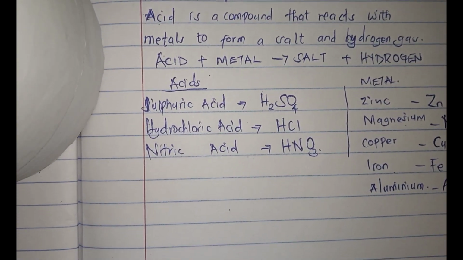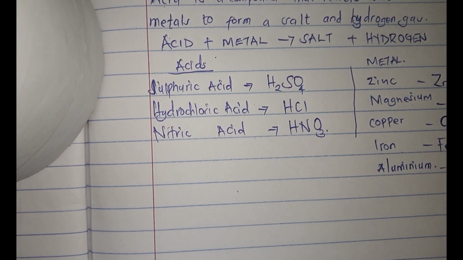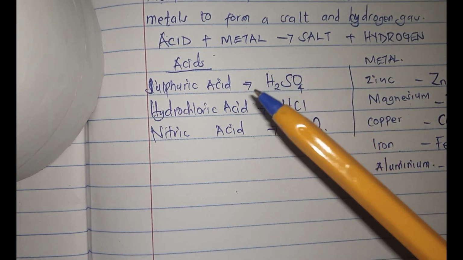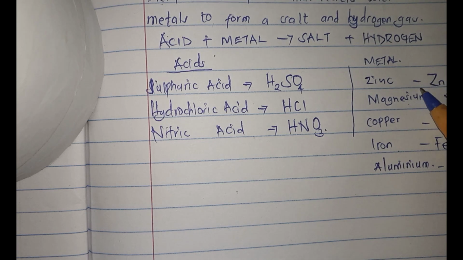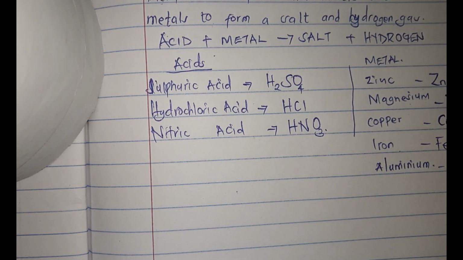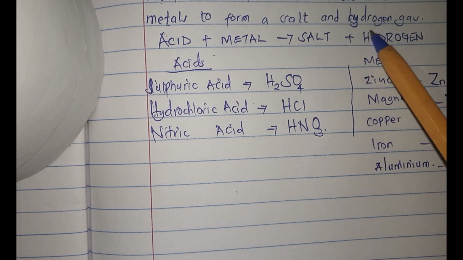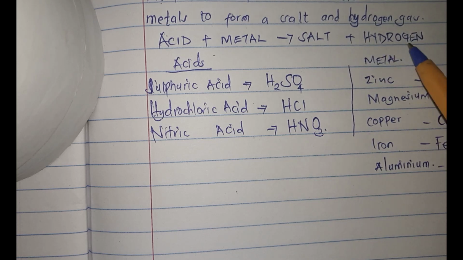So when we react dilute acids, when dilute acid is added to zinc or magnesium, or aluminium or iron filings, there is a bubble of a colorless gas that evolves. This colorless gas is hydrogen. The production of these bubbles of gas is referred to as effervescence.